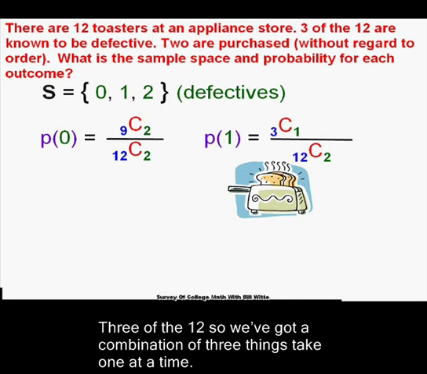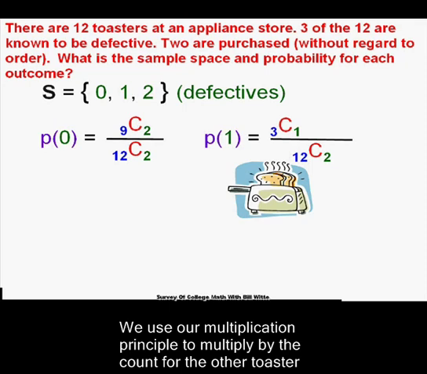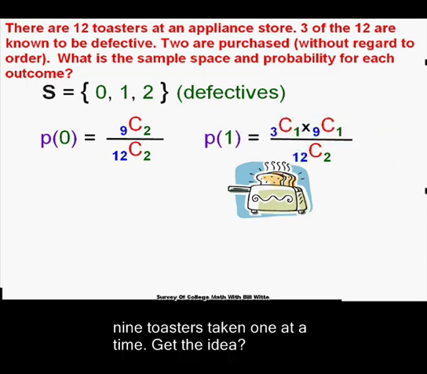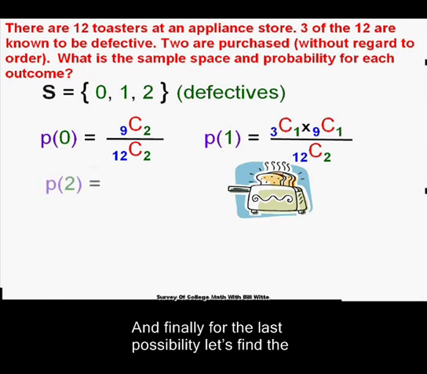We'll use our multiplication principle to multiply for the other toaster, which is taken from the 9 non-defective ones. So we've got multiply by a combination of 9 toasters taken 1 at a time. Get the idea?